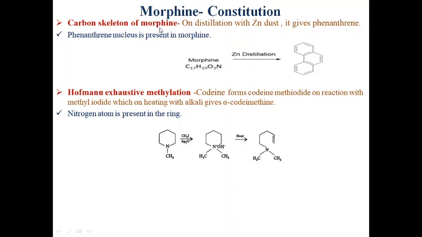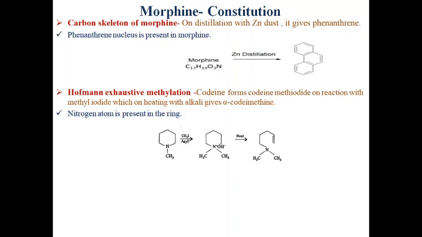In my previous lecture, we dealt with the nature of the nitrogen atom, the presence of a double bond, the presence of phenolic OH, the secondary alcoholic group, and the third oxygen, which was in the form of an ether linkage.